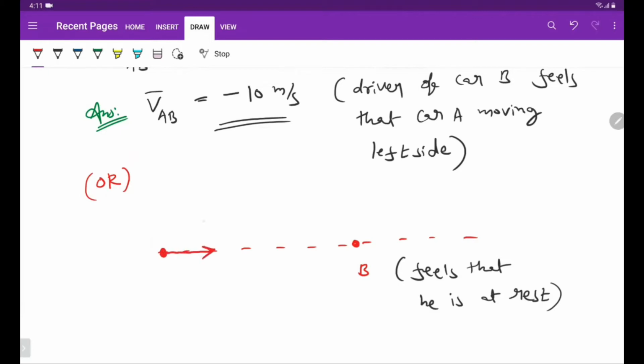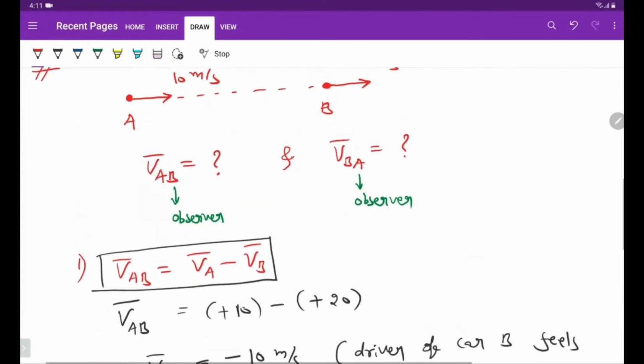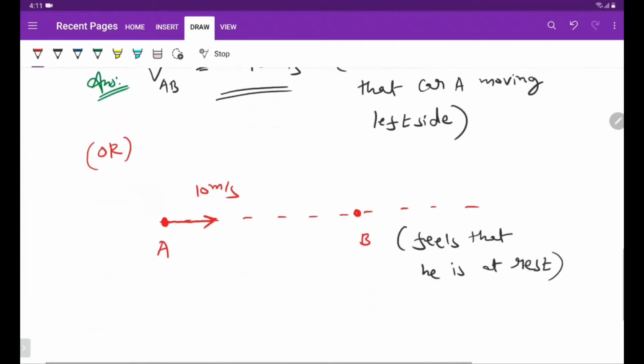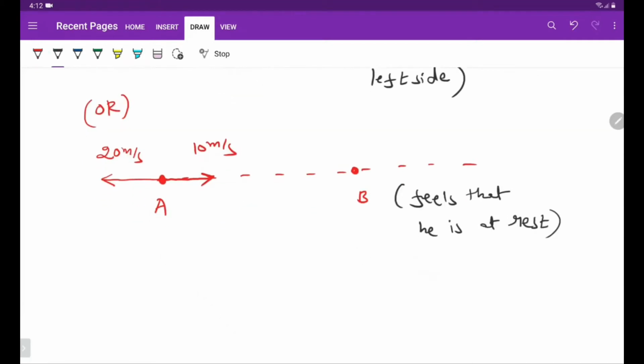Car A already has speed 10 meters per second, and car B already has speed 20 right side. So when the driver feels he is not at all moving, add car B's velocity to car A in the opposite direction, 20 meters per second. So the driver in car B feels that the net velocity will be 20 minus 10, so he feels that car A is moving left side.